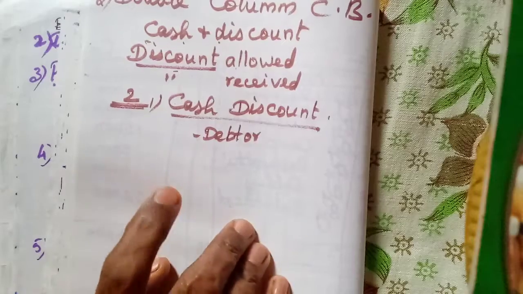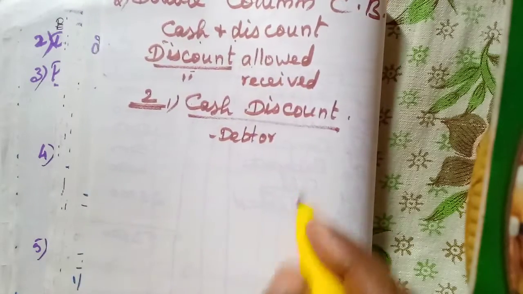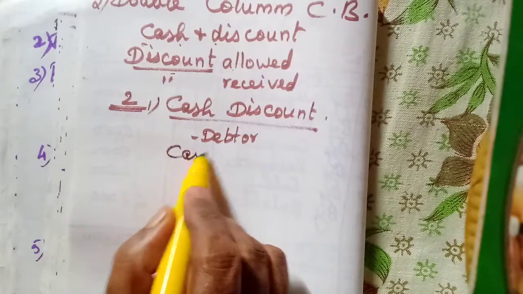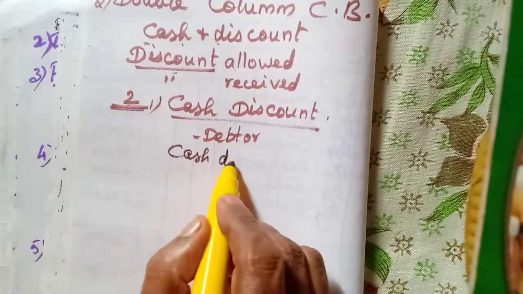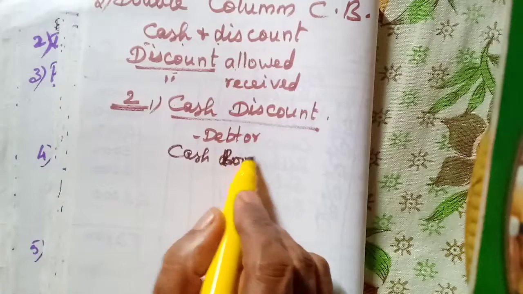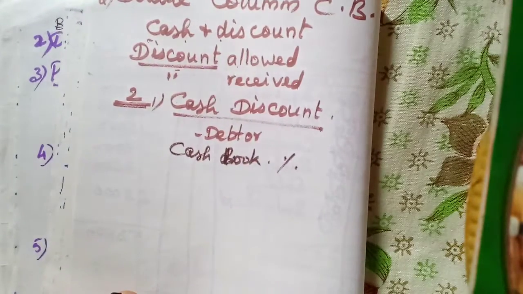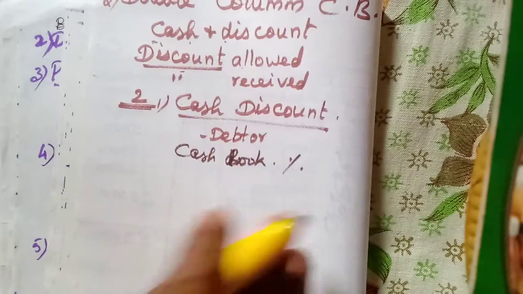Okay, this discount will be entered in the cash book. Which discount? This cash discount is entered in the cash book. Okay, a certain percentage will be there. Why we pay this one?